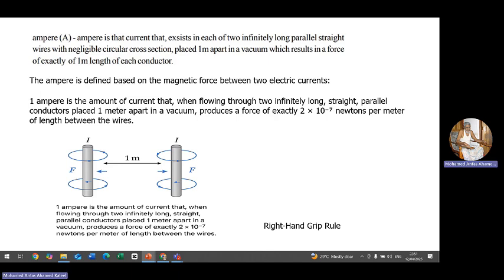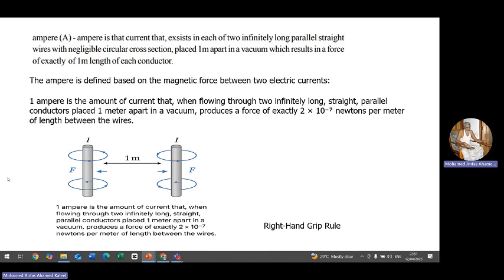So 1 ampere is the amount of current that, when flowing through two infinitely long straight parallel conductors placed 1 meter apart in a vacuum, produces a force of exactly 2 into 10 to the power minus 7 newtons per meter of length between the wires.